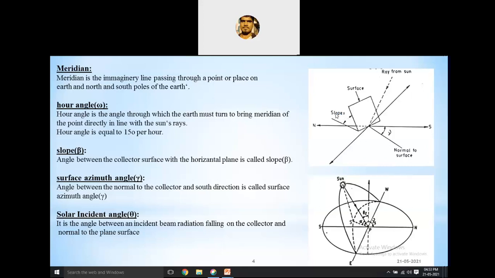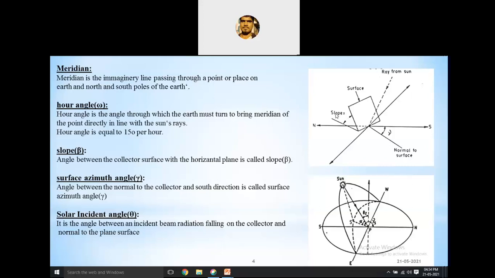For example, you can take your solar heater or photovoltaic solar cells. Solar cells or solar heaters are not placed horizontally or vertically. They are placed at some angle.